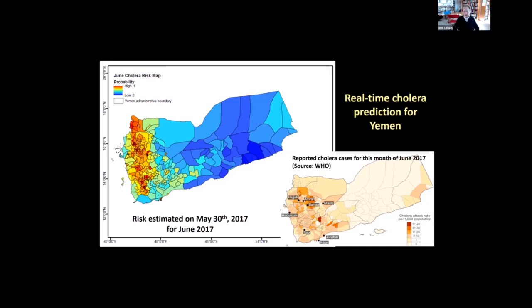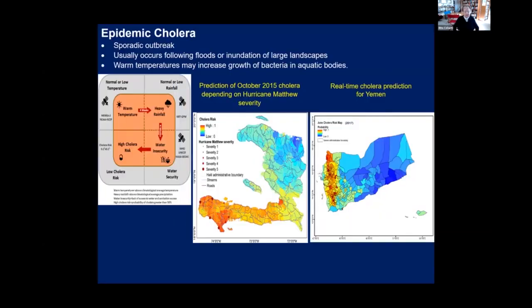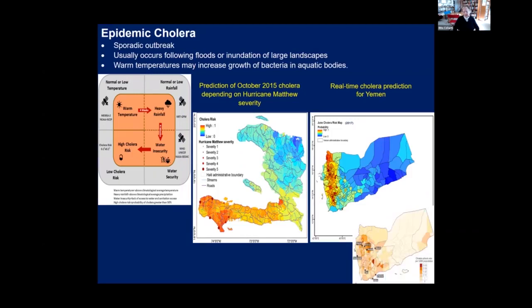We are able to provide 4 weeks in advance, and this is on a rolling basis, every week or every 2 weeks, depending on whether the risk is high or low. And this allowed us then to provide for Yemen, working with the British Aid Agency, DFID, the British Meteorological Agency, NASA providing funding for our work, and UNICEF.